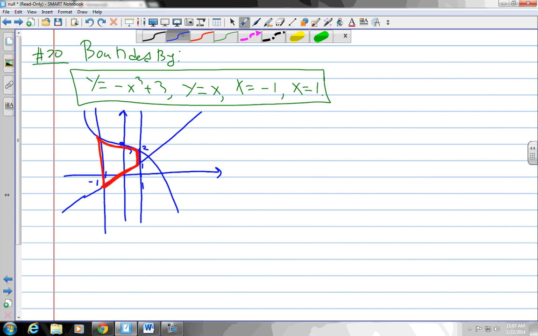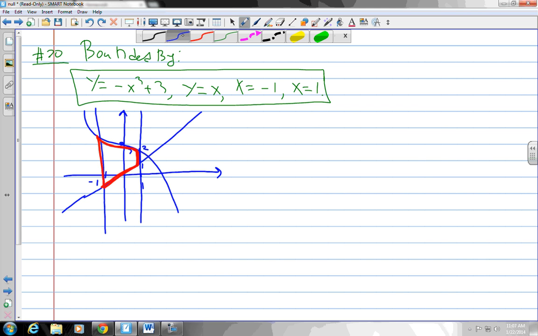So how would that be any different from what we just did? Well, do the other two functions even affect my integral? They just give me the limits of integration, because they're vertical.